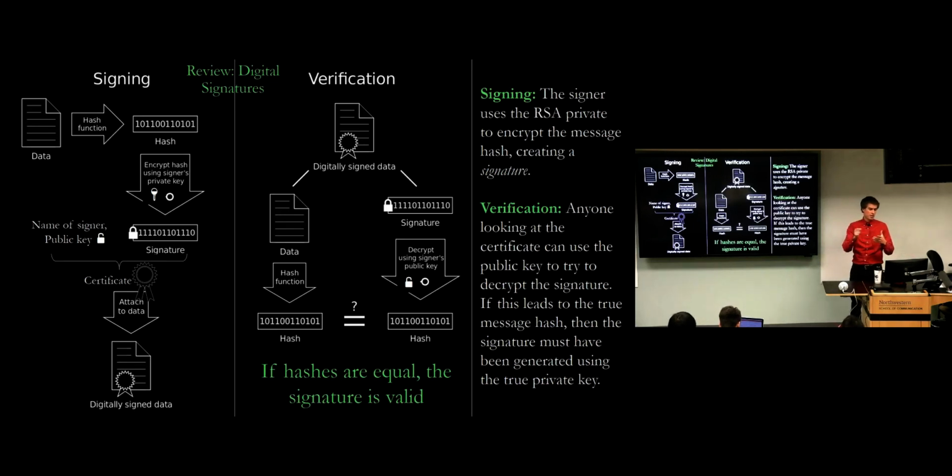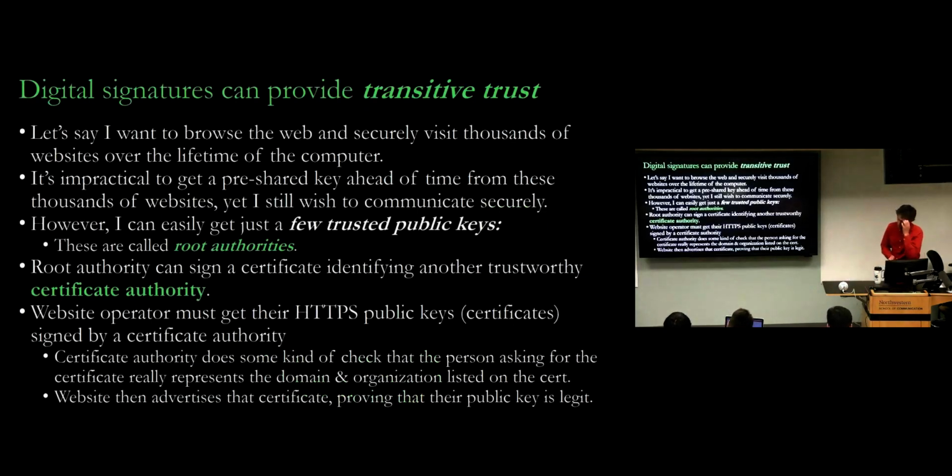Those people can sign all kinds of documents, distribute those all over the world, and later on others who knew what the public key was for that person can verify it's actually that person who generated those signatures, right? All right, so we can use this to provide trusted statements, and those trusted statements can provide transitive trust of new statements from people who don't know.